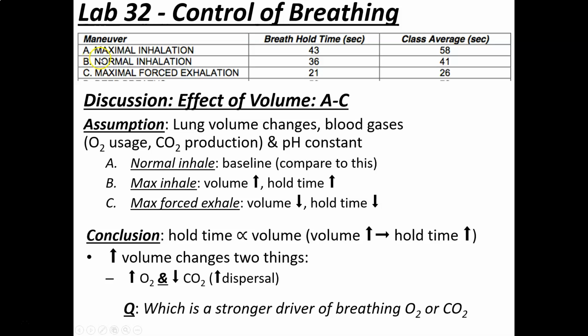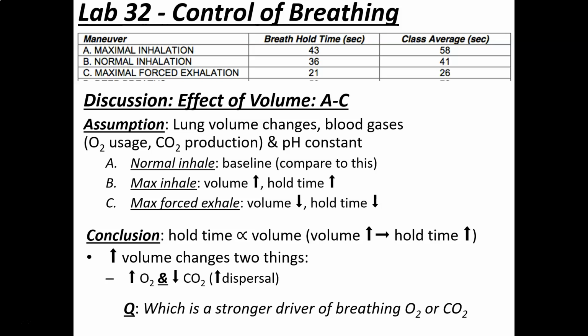Then we do, after a brief interlude, normal inhalation. You would just be breathing normally, and it's kind of hard to do because you're not used to it, but then you would take a normal inhalation and hold your breath for as long as you could. There you can see the breath holding time was less for both the individual and the class. Then we would do a maximal forced exhalation. So you would blow out all the air you could from your lungs.